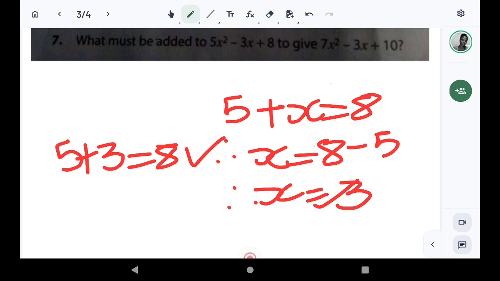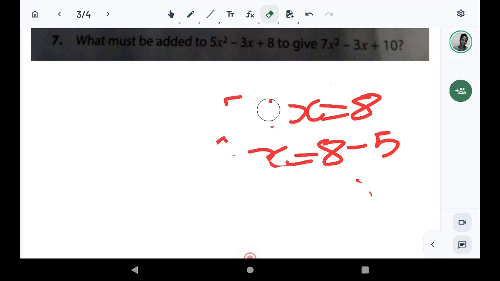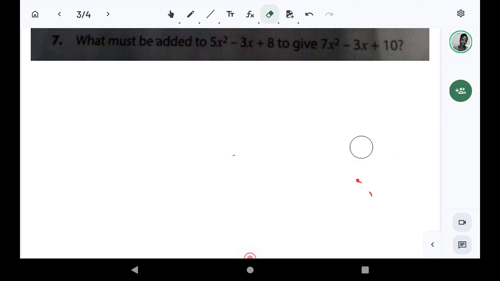To answer this question, we must do exactly the same thing. What must be added to this to give us that? That means we must subtract 5x squared minus 3x plus 8 from 7x squared minus 3x plus 10 to find the answer.